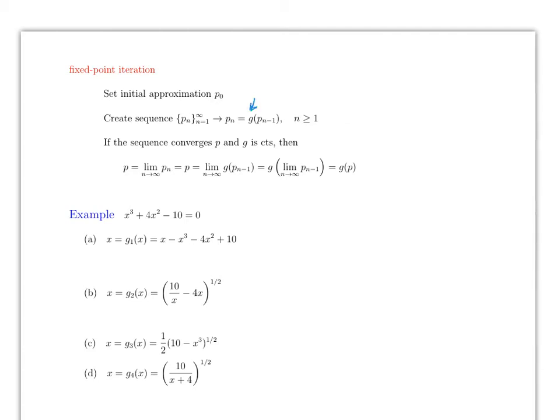So the choice for g of x is going to be very, very important. And if it meets the conditions of the theorem, the last theorem we did, then it will converge. If not, it still may converge, but your chances are pretty low.